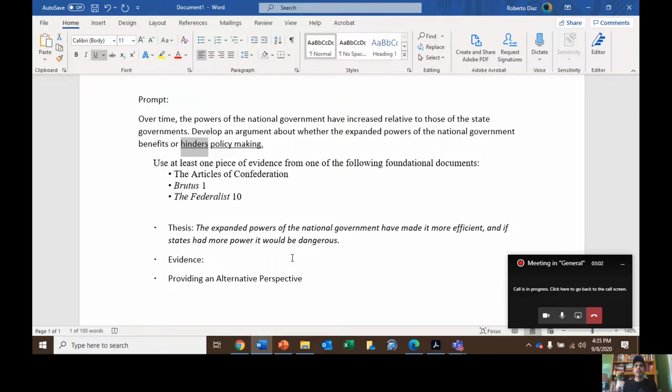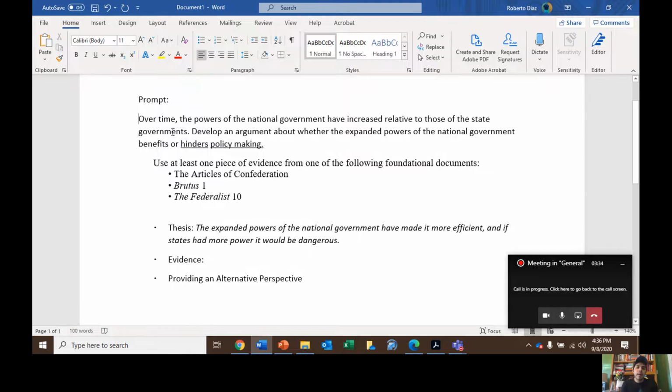There's been a general trend of increasing power, increasing responsibilities of the federal government throughout the United States' history, especially in the 20th century, of essentially the national government encroaching upon the powers and the rights and responsibilities of the states, and being able to touch people's lives in that respect. So this is the prompt.